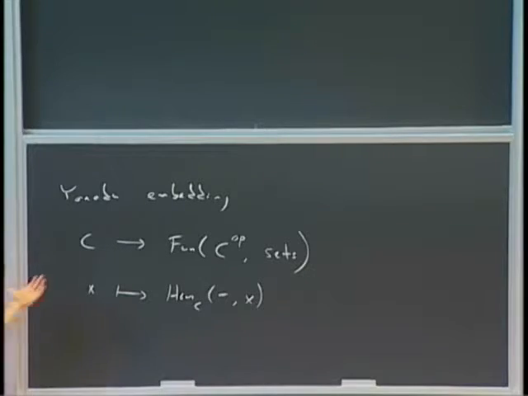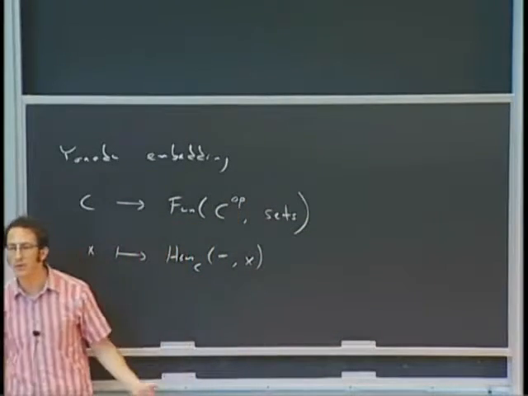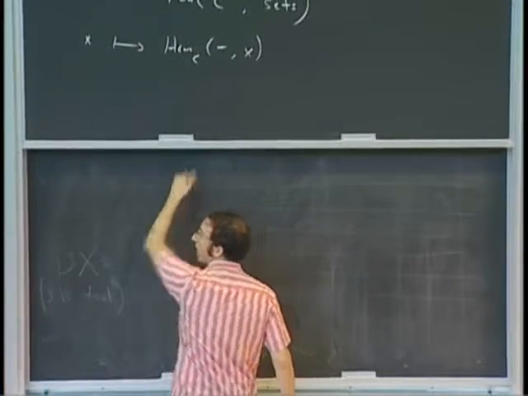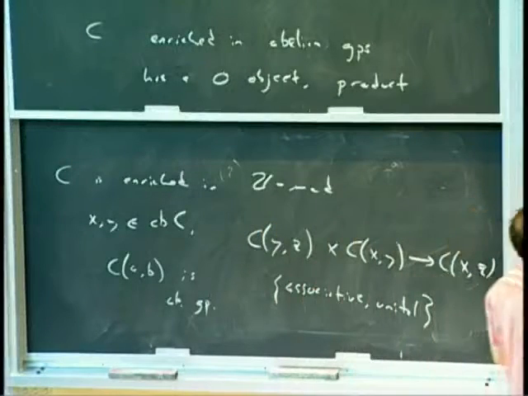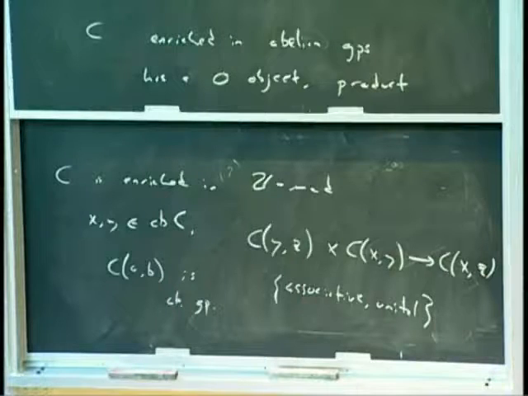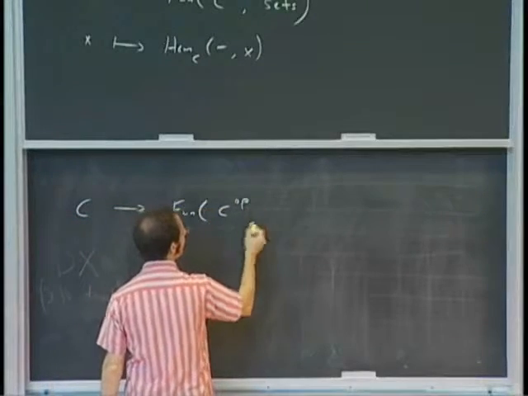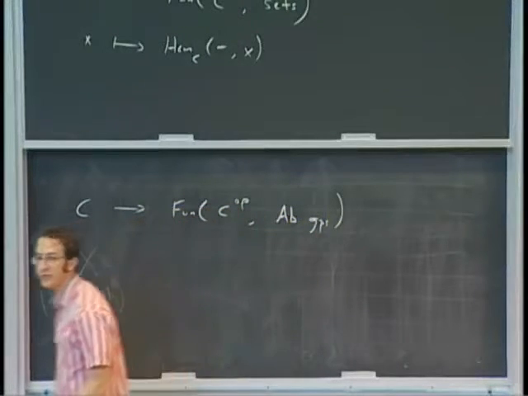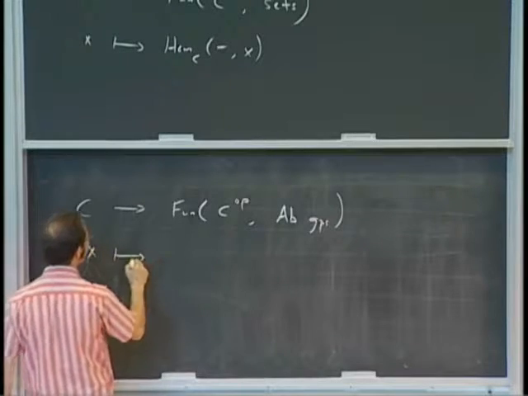And what's kind of cool is that, and the Yoneda lemma says that this is fully faithful, but what's sort of cool is that in this case, what it means to be a category enriched in abelian groups is that we have the following version of this. Where we can look at functors into abelian groups, and it's the same thing, right?